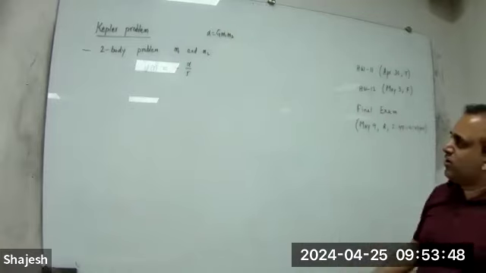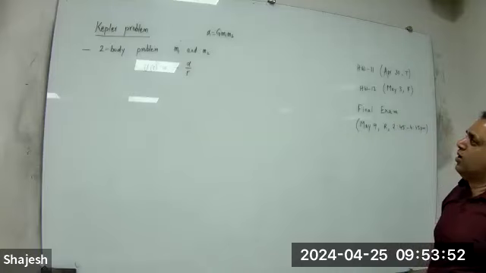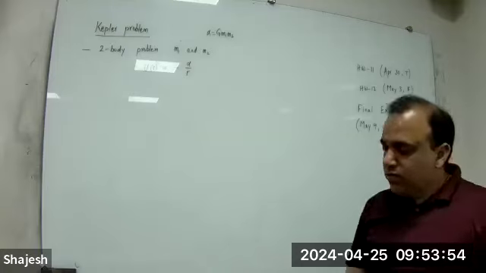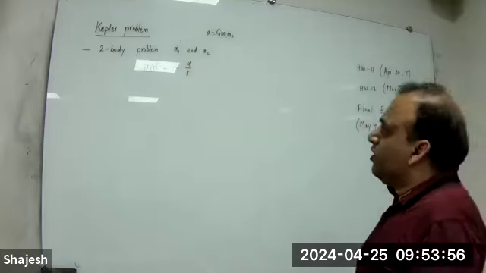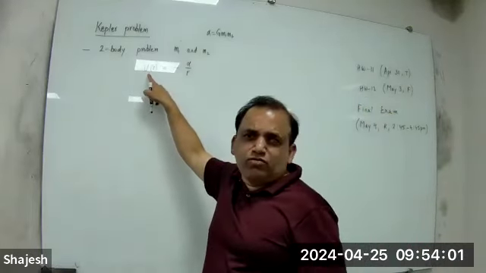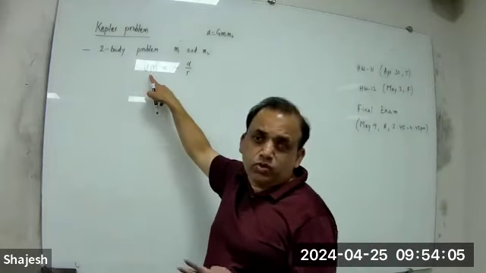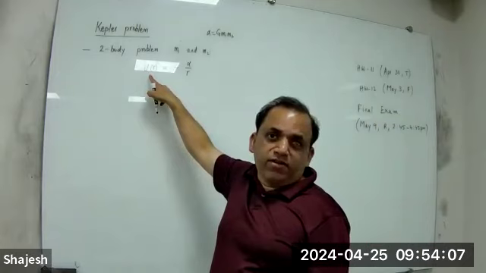If it was electrostatic interaction, then it is K Q1 times Q2, where K is 1 over 4 pi epsilon. You should make sure that you don't confuse this with the effective potential that I talked about. This is the actual interaction potential energy.